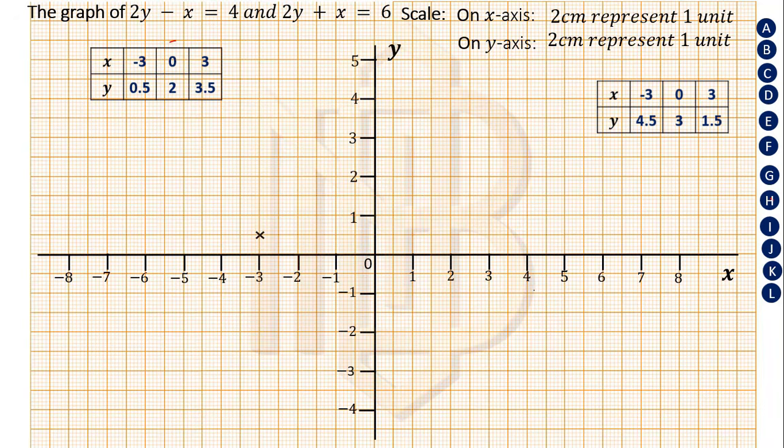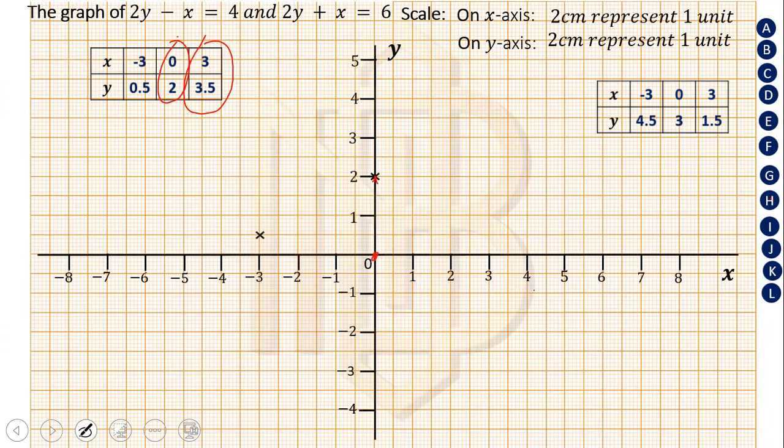Now, taking a look at the second point, when x is equal to 0, which is here, y is equal to 2, which is here. Obviously, the point where they meet is that point. And the last point, which is 3 and 3.5.